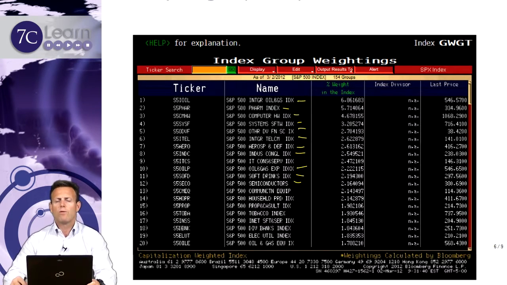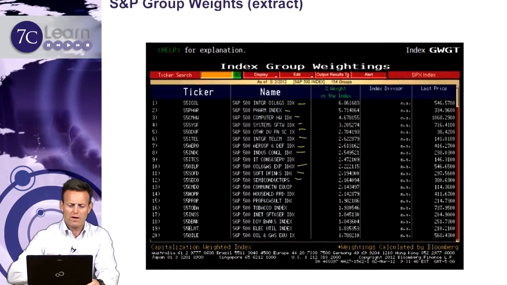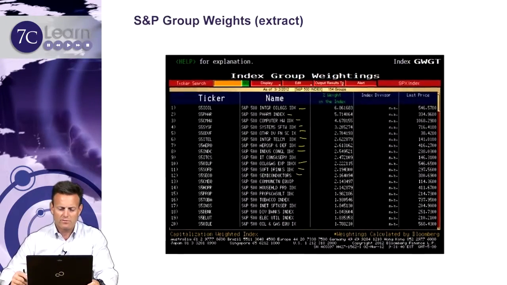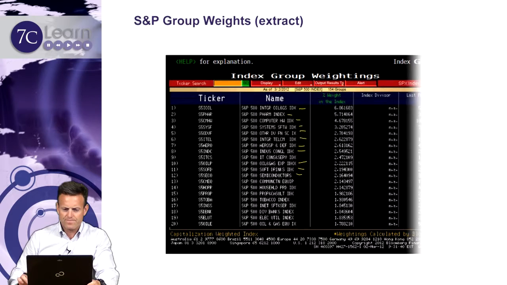You get the idea, a whole bunch of different industries, a whole bunch of different sectors that comprise or make up the total S&P 500 index. And so the whole idea, again, is the index was specifically chosen or designed to be representative of the broad U.S. equity market.